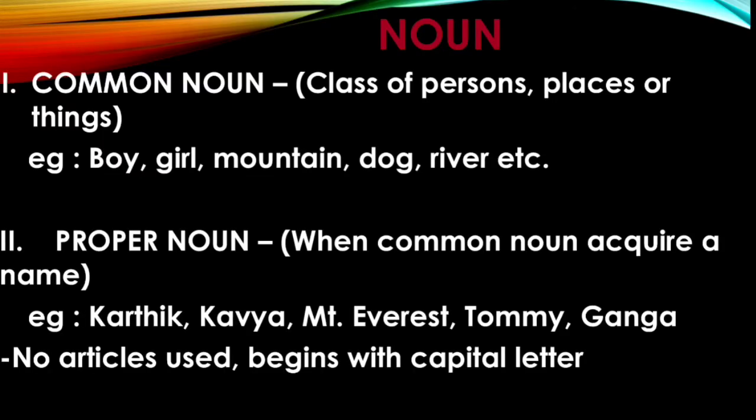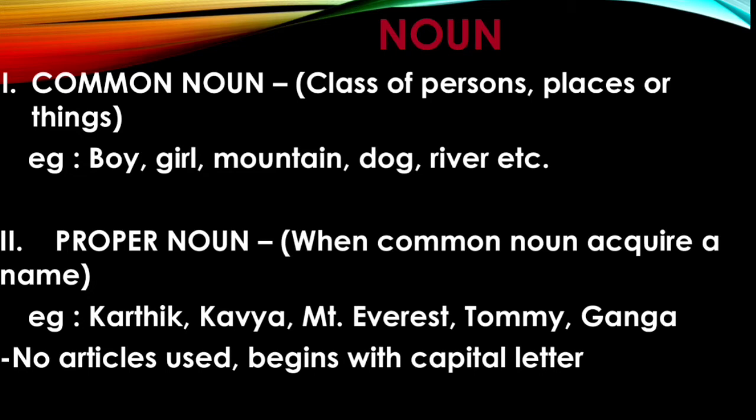Okay, so these are the two types of nouns, and we are going to the first concrete noun, which is common noun. The words that denote any one of a class of persons, places, or things are called common nouns. As soon as they acquire a name and one is distinguished from the others of the same class, they become proper nouns. It's very easy.